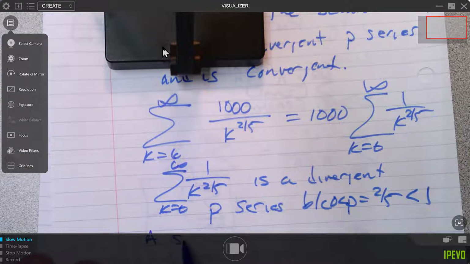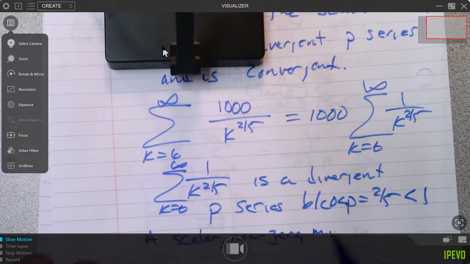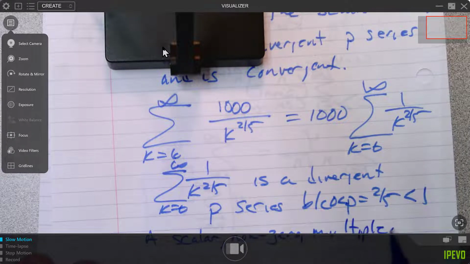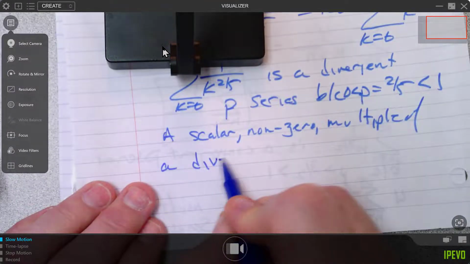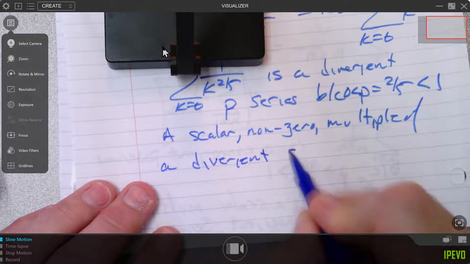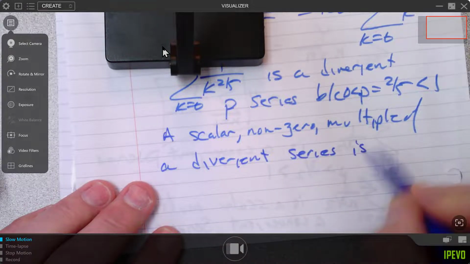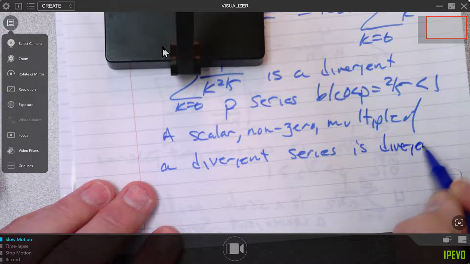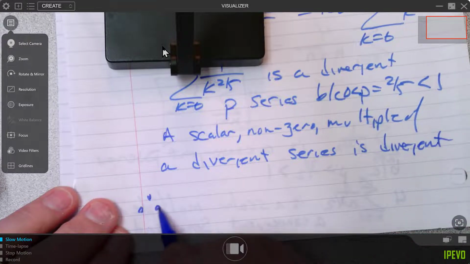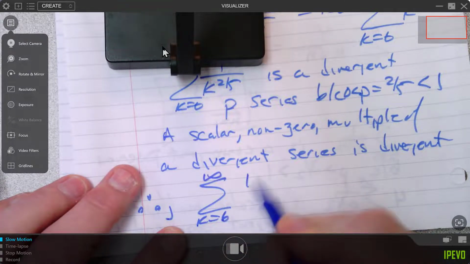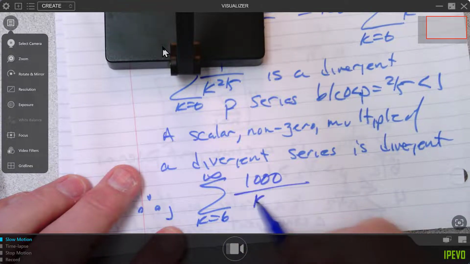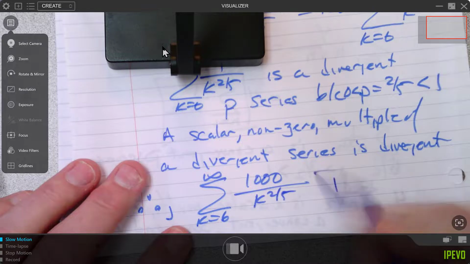A non-zero scalar multiple of a divergent series is divergent. Therefore, the series from 6 to infinity of 1,000 over k to the 2/5 diverges.